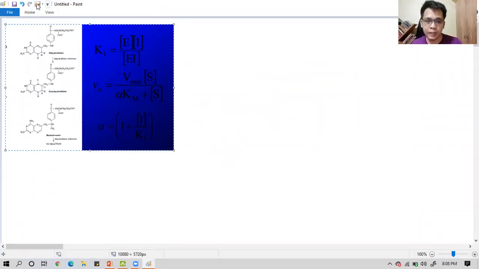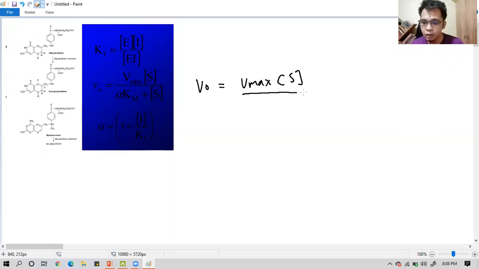So I hope you can follow this one. Ang ating magiging bagong Michaelis-Menten equation kapag meron tayong competitive inhibitor will be Vmax times S all over alpha Km plus concentration of the substrate, whereas the alpha is equals to 1 plus concentration of the inhibitor all over Ki.